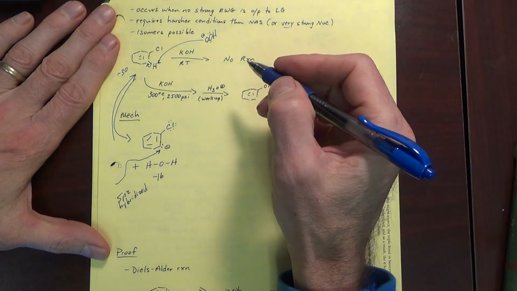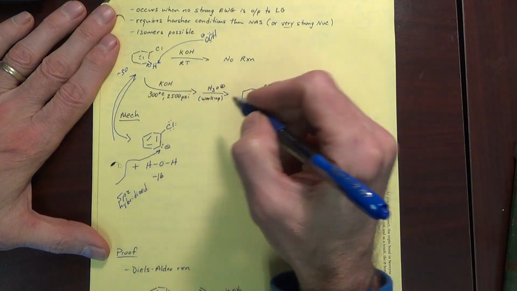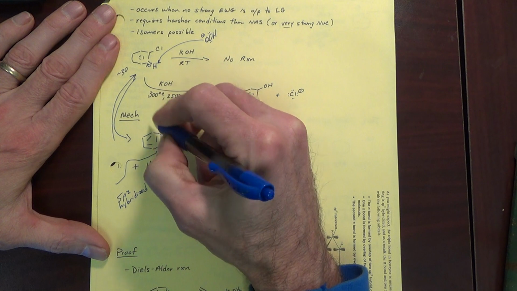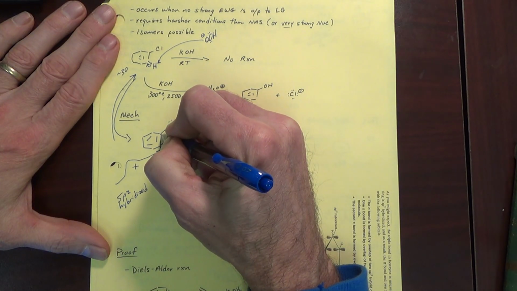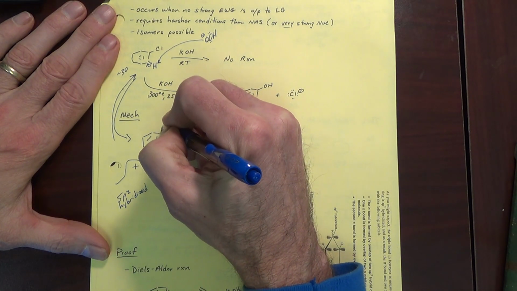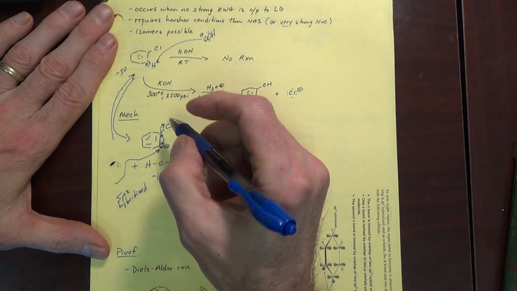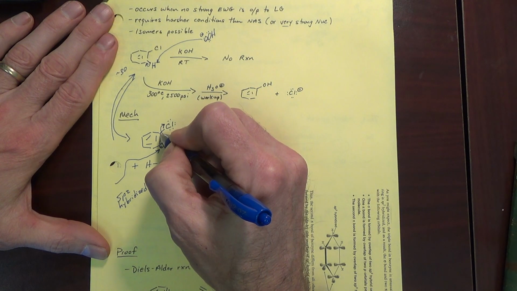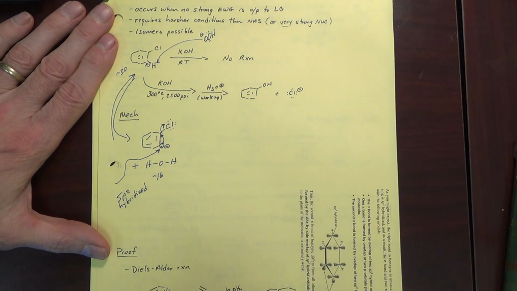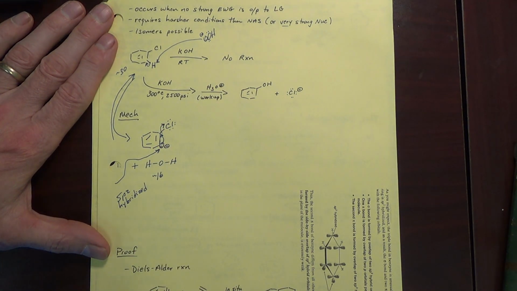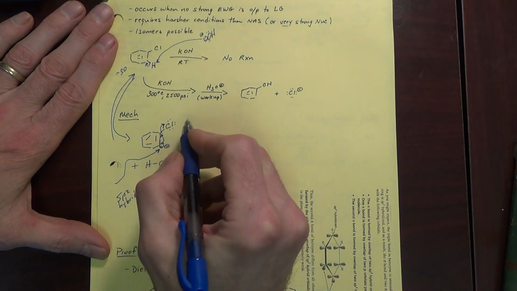Now at this point, the mechanism is known to proceed by these electrons moving in here and kicking off the chlorine. We can go back to anytime you can make a pi bond with a lone pair and kick off a leaving group, that tends to be easy to do. Now, it's not as easy here for a couple of reasons, but it falls under that sort of umbrella statement.